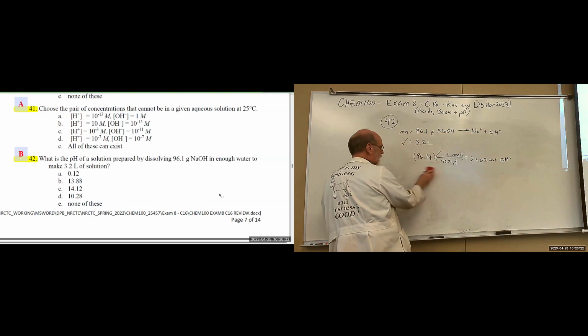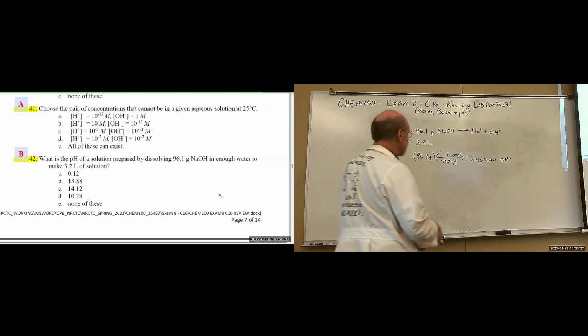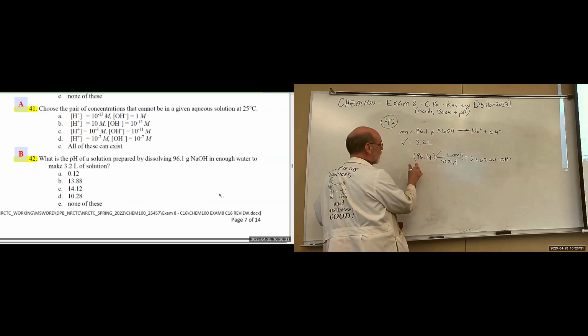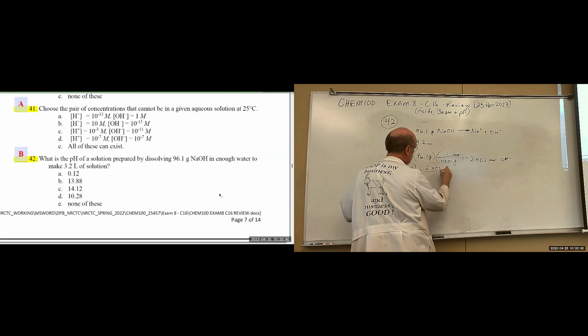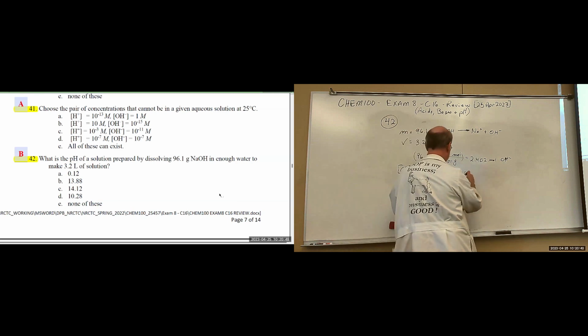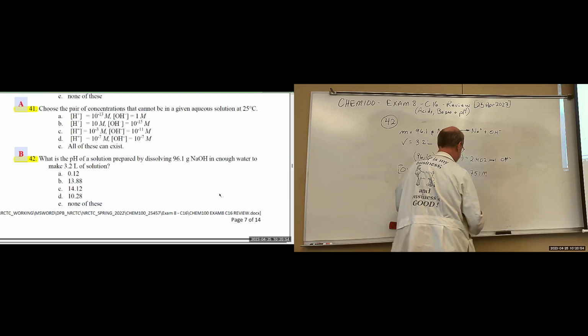Okay, so now we can calculate concentration. And what are we going for? We're going for pH. All right, so the OH concentration is 2.402 moles per 3.2 liters, which is 0.751 molar.